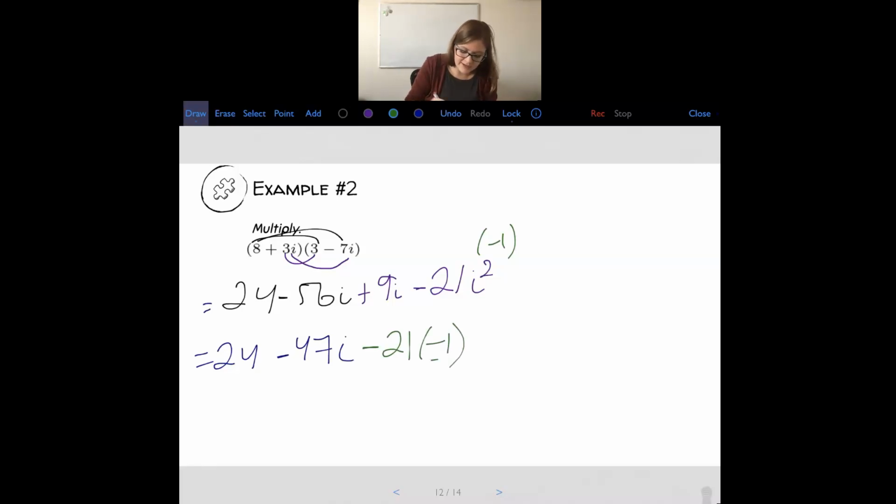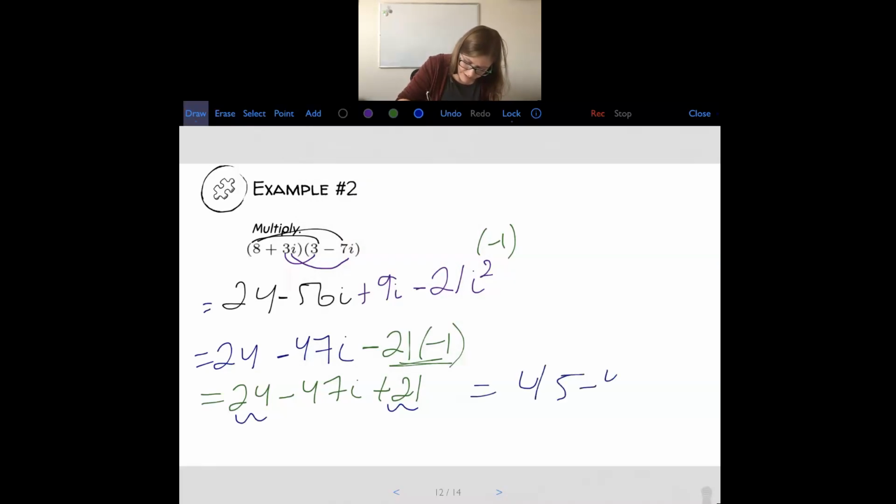So when you simplify this, negative 21 times negative 1 is going to be positive 21. So this becomes 24 minus 47i plus 21. Okay, so now we combine our like terms. 24 and 21. This is going to give me 45 minus 47i.